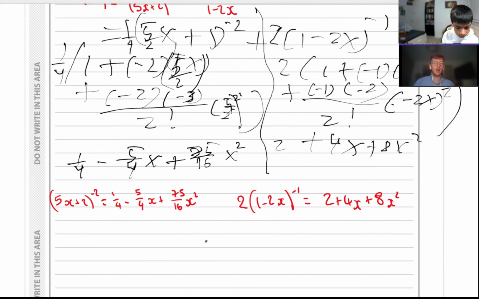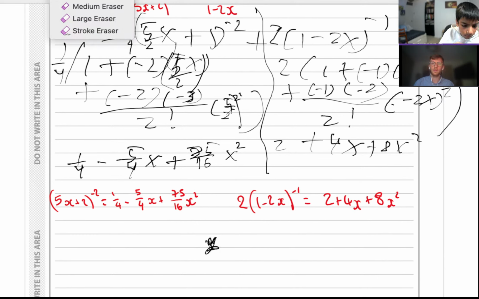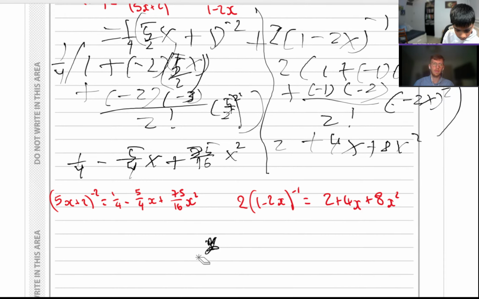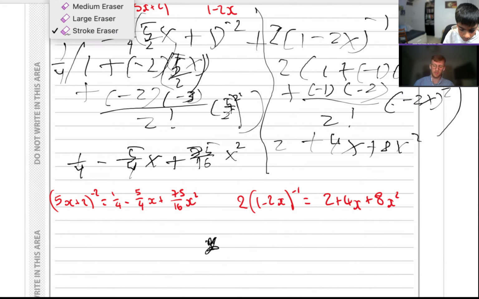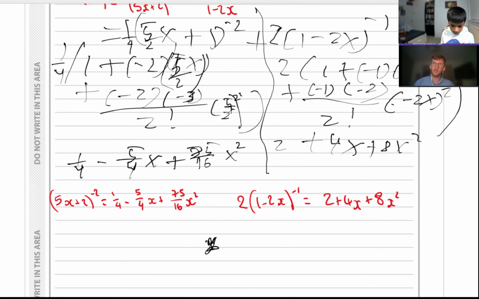So we can then work out f of x. Just trying to... The rubber's not working again.